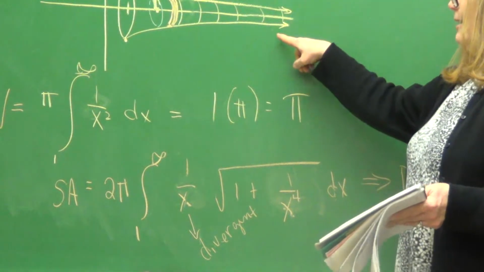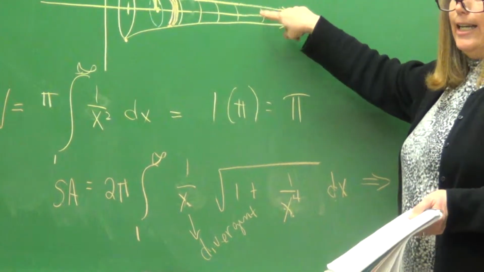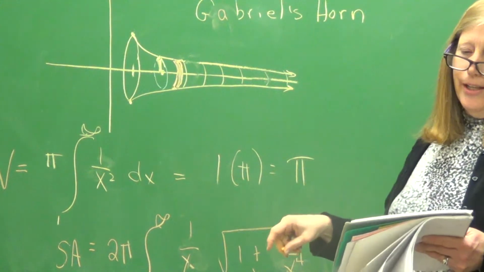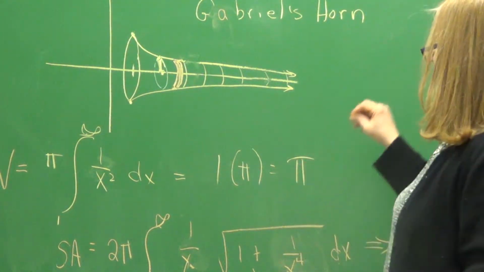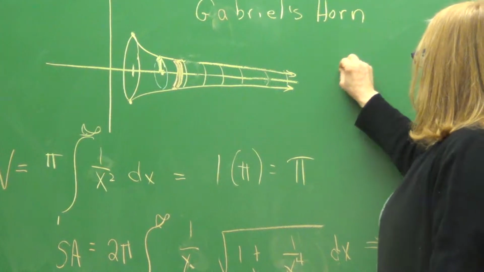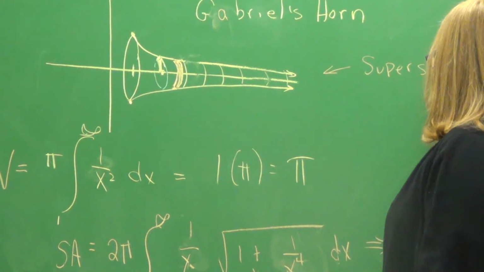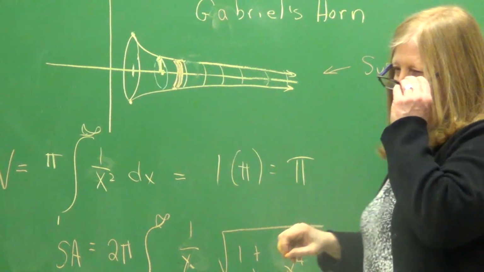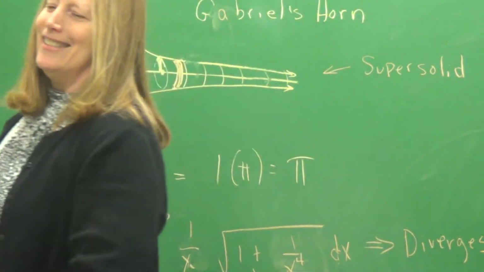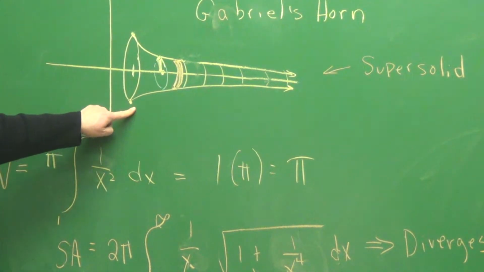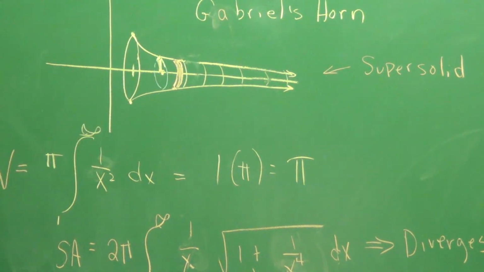Any solid that has a finite volume and an infinite surface area is called a supersolid. I'm not making this up. So this is an example of a supersolid. See all the amazing things you can study in mathematics. I'll let someone else study these super things. A supersolid is a 3D object that has an infinite length.